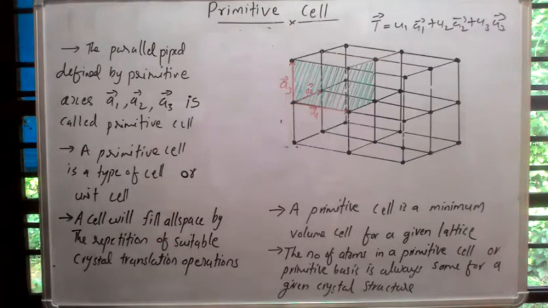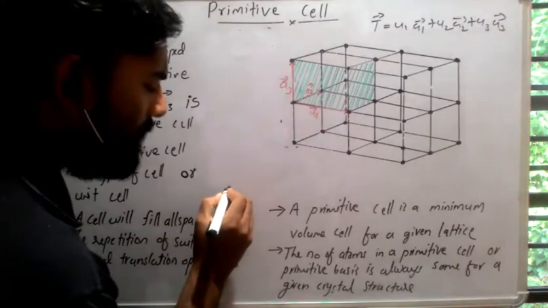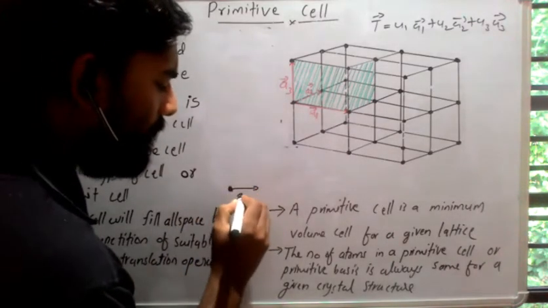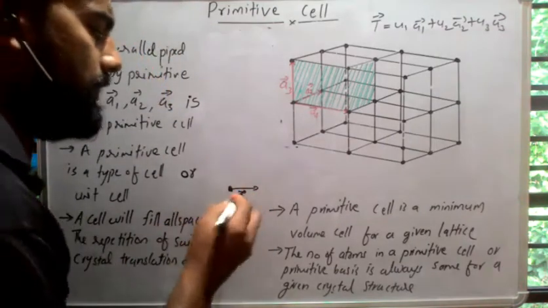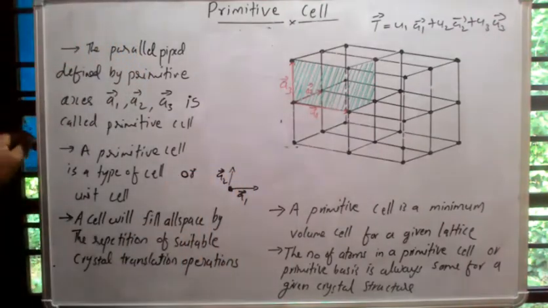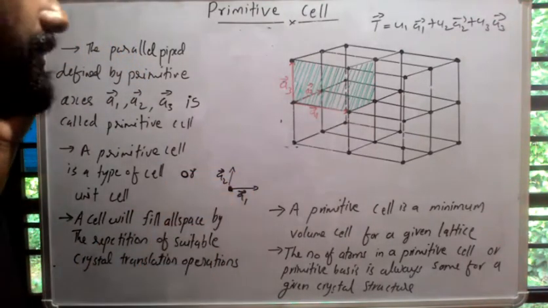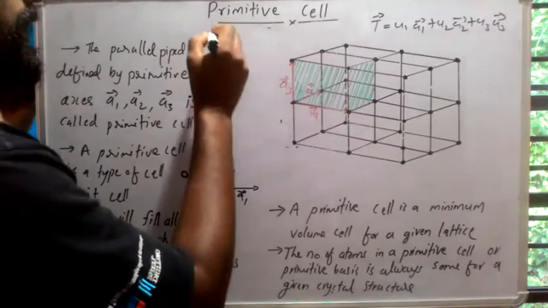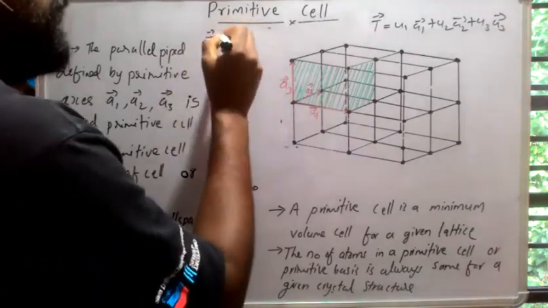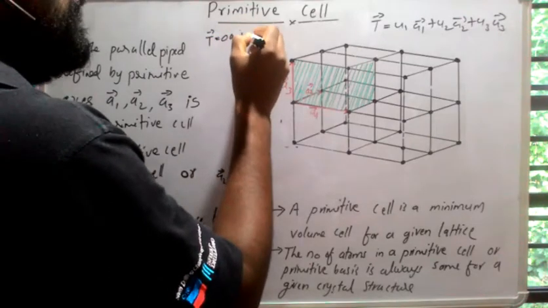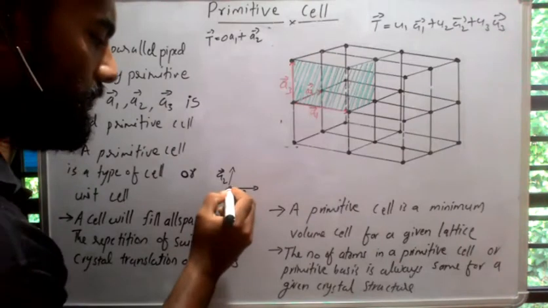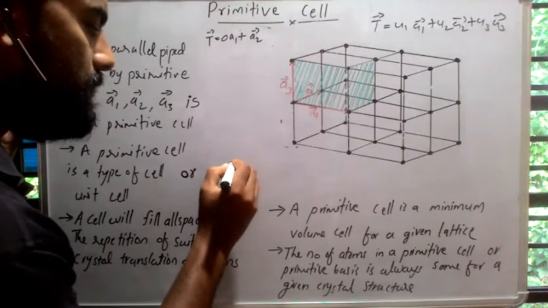In two dimensions, let me define this as one lattice point, and I am defining one primitive translation vector a1, and here it's a2. I'm making a translation operation by using a translation vector T equal to 0a1 plus a2, which is this point.